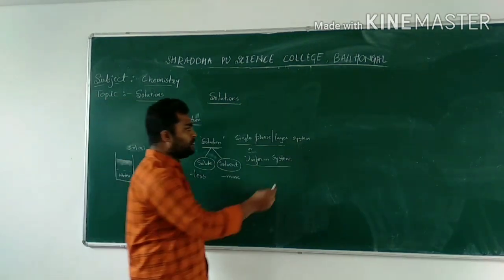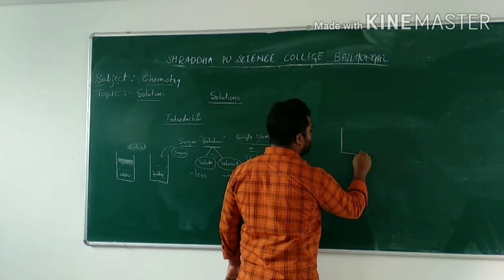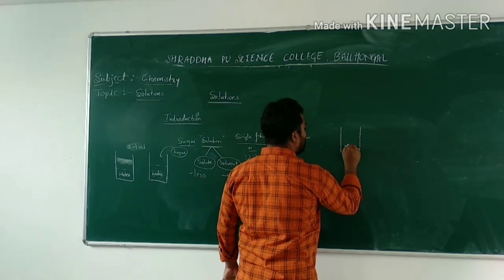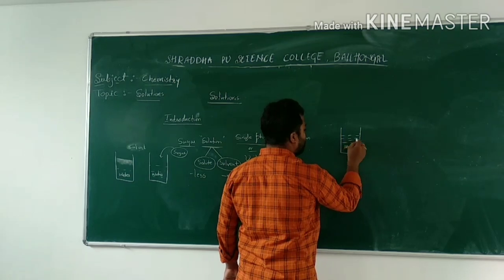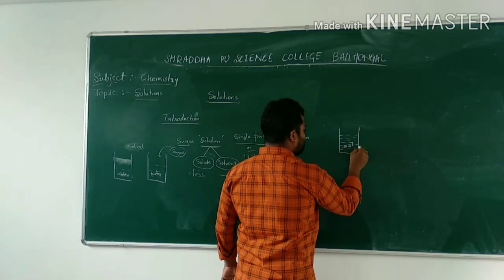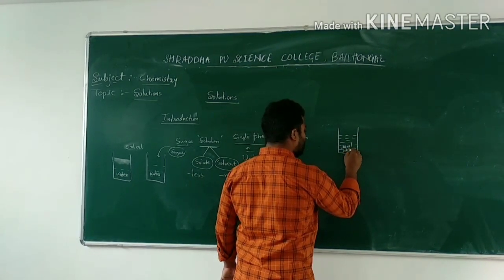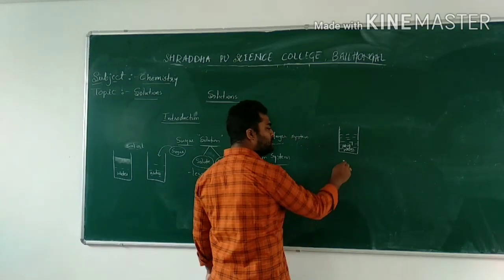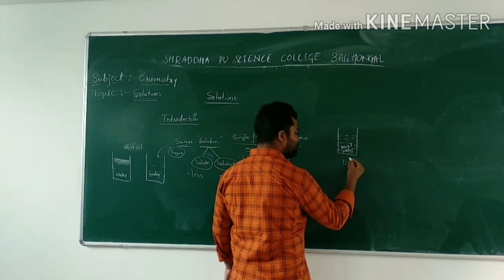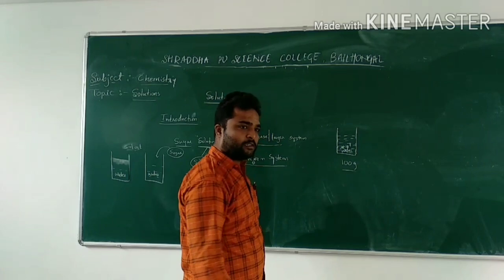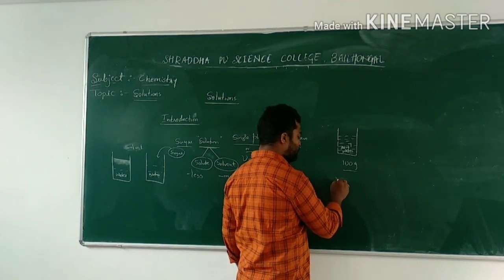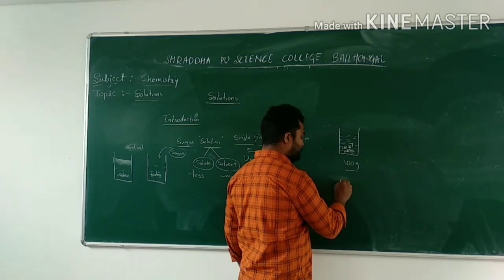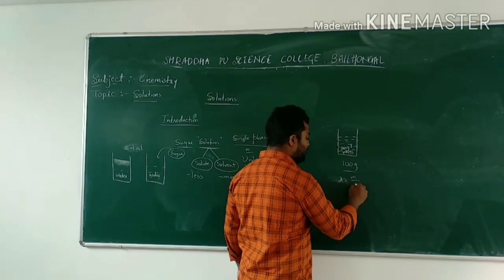For example, if I consider 100 ml of water, 100 ml of water is equal to 100 grams. How is it converted? You know that density is equal to mass by volume.